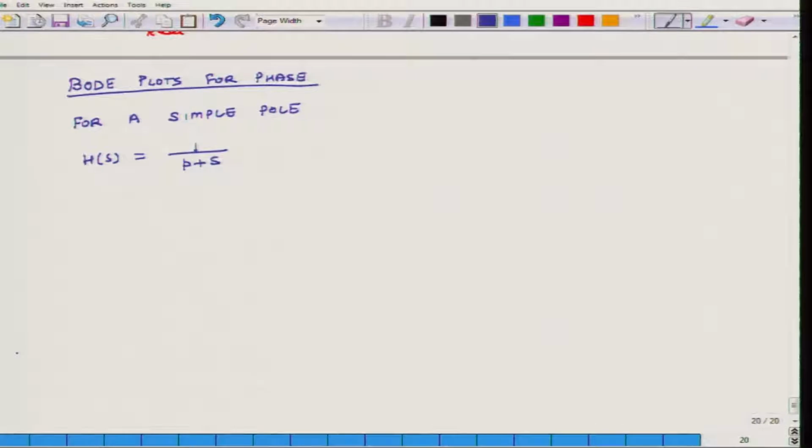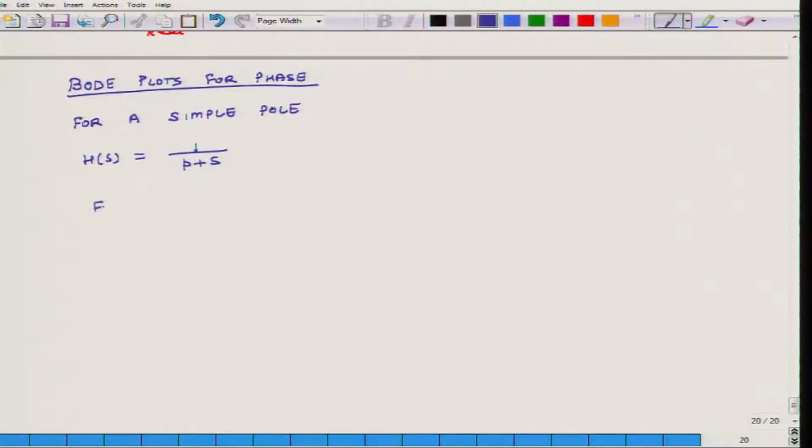Now, in the phase plot we do not take log and 20, all we have to do is compute the phase under two conditions, when omega is going to 0 and when omega is going to infinity. We do all this discussion on Bode plots when s equals j omega.